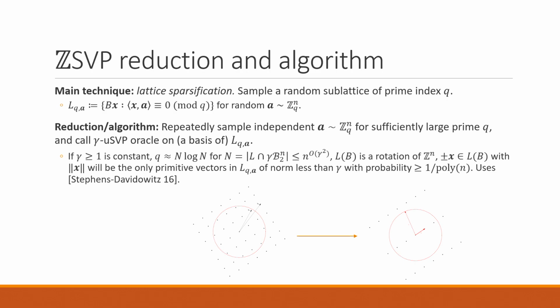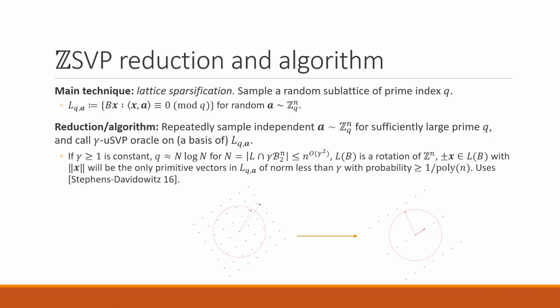So what is unique SVP? Gamma unique SVP says that if we have a vector v, which is the shortest non-zero vector in the lattice, so it has norm lambda 1, then all vectors in the lattice that are linearly independent of it have norm greater than gamma times lambda 1.